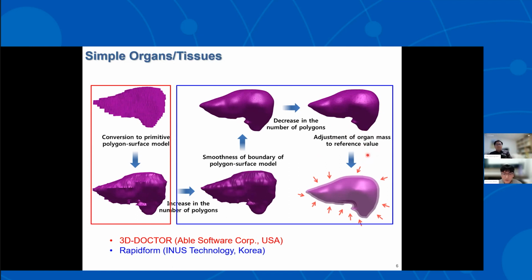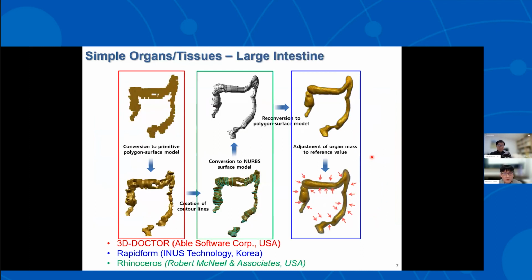So this conversion method was successfully applied for most of the simple organs and tissues to make high quality mesh models. However, for the organs with a relatively complex structure, we needed to additionally apply the NURBS conversion process by using the Rhinoceros software.